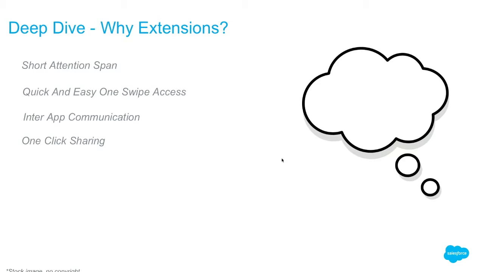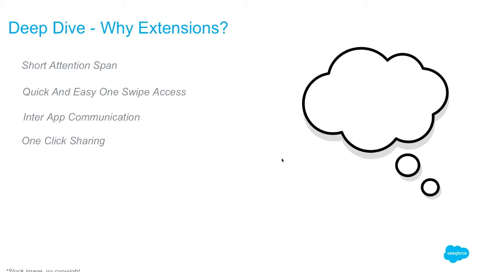So let's try and understand. Now that we've basically understood what an extension is, why do we need extensions? There are several researches which show that unless you are watching videos or listening to music or doing some kind of social engagement, users have a very short attention span with apps, especially with business apps.